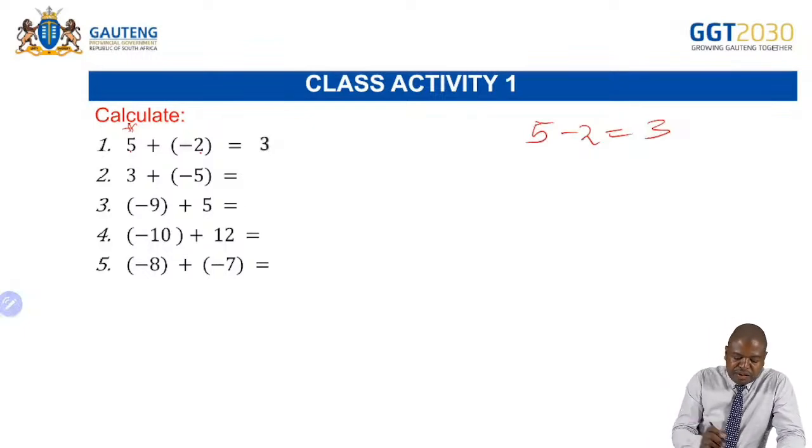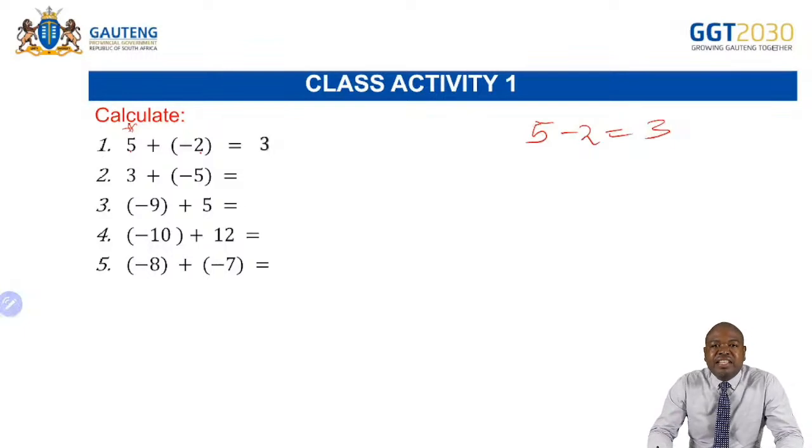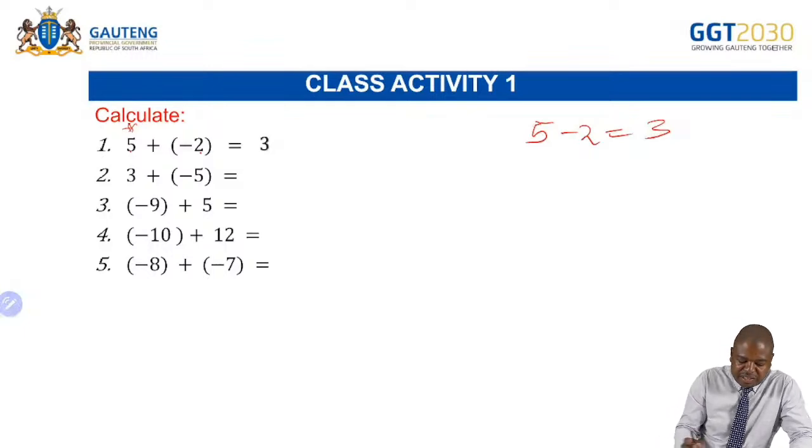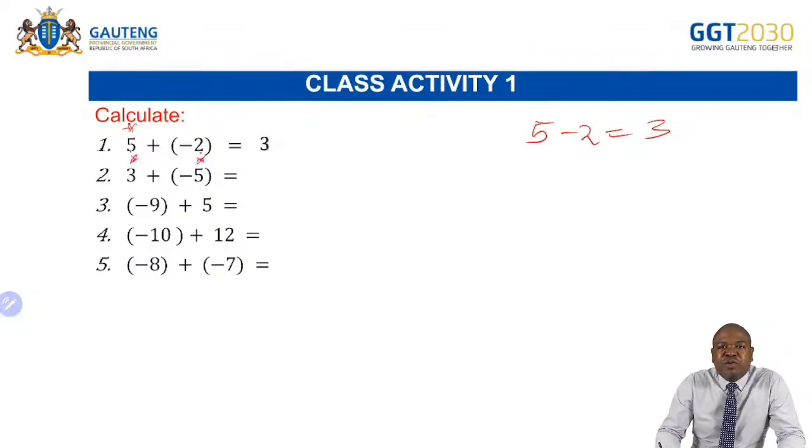Once again, in this case, we are adding a positive and a negative number. If it's like that, what do we do? We subtract the numbers, but our answer will have the sign of the bigger number when ignoring the signs. If you check these numbers, 3 and 5, which number is bigger if you are ignoring the signs?